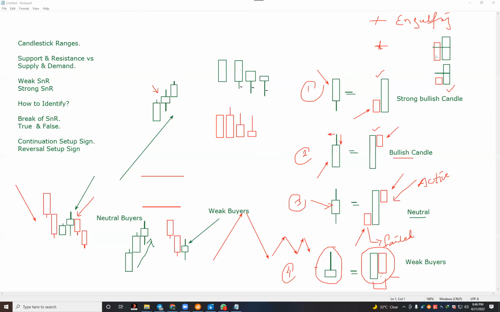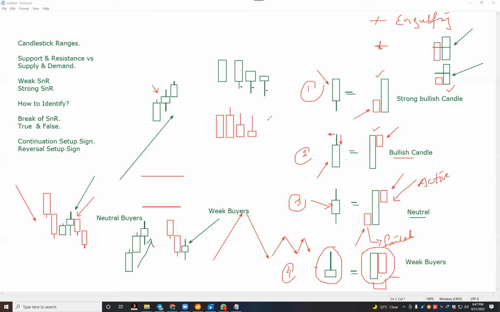If the red candle is greater than the 50%, then it's engulfing. If it is below, then it's an outside bar. And the trading rule of the outside bar is different from the rule of engulfing. Both rules are different.